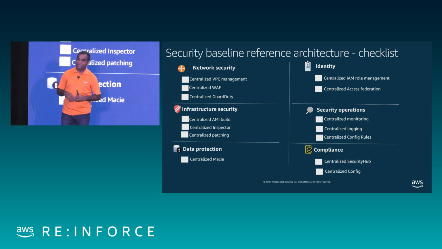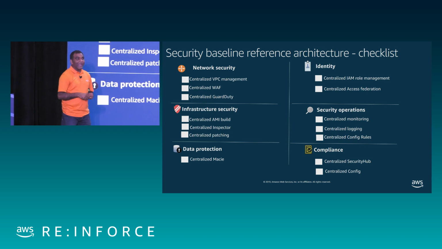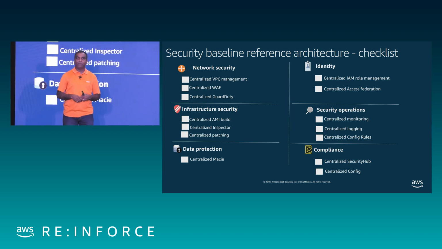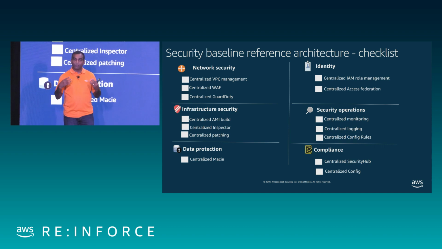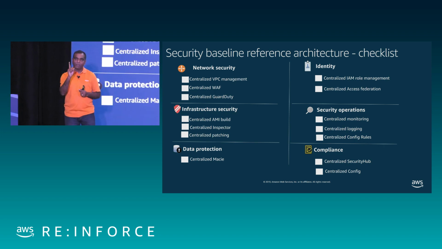And then centralized GuardDuty. GuardDuty, if you are familiar, does IDS-like capability, intrusion detection, but it's more intelligent, with machine learning based flow log detection, and it can find out what kind of activity is happening within your network, within the VPC. But you want to manage it from one account.